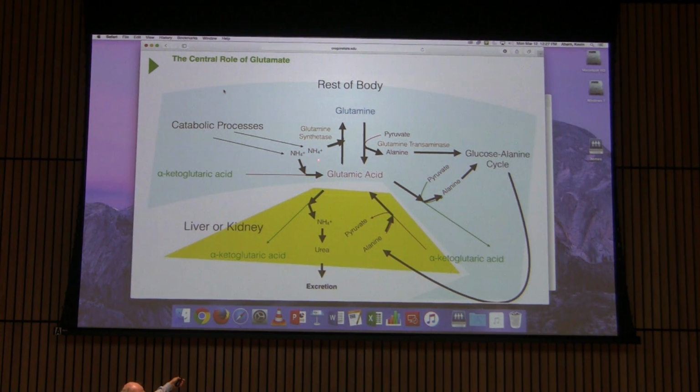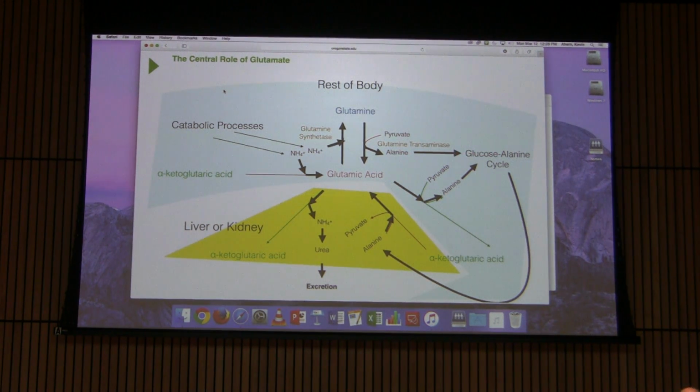So we've taken free ammonium ion and made it an amine, and we're going to transfer that amine to another acceptor molecule. In this case, the acceptor molecule is pyruvate to make alanine. That's like you saw in the glucose-alanine cycle. The very bottom of that cycle showed pyruvate gaining an amine and becoming alanine, and here's how that occurs. Glutamine transaminase.